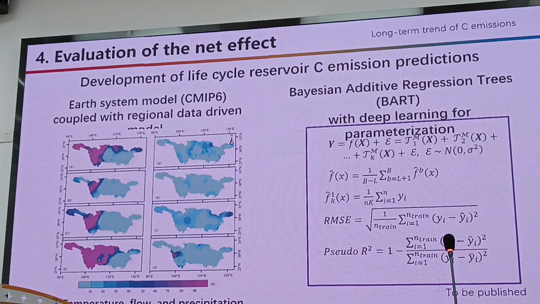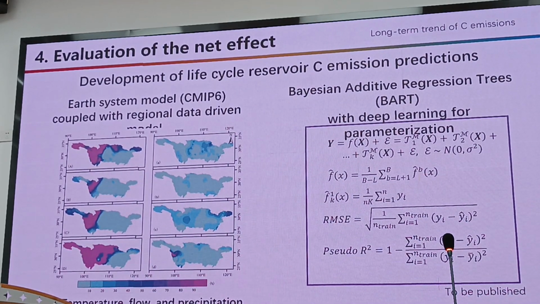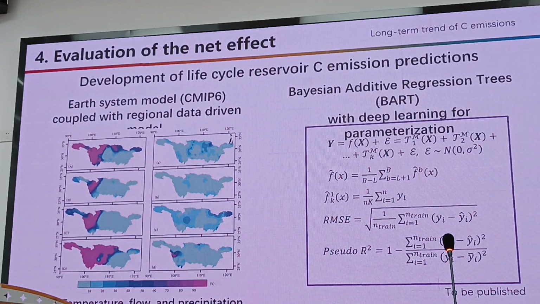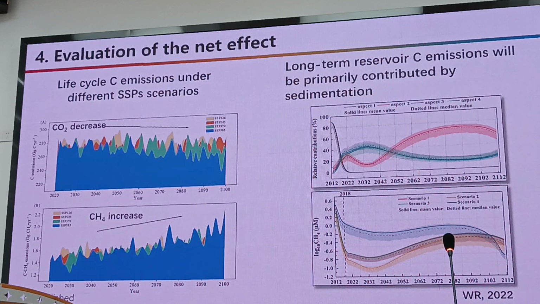After that, we try to develop the life cycle carbon emission. This is not published yet, to be published by one of my PhD students. We use the Earth system model and Bayesian regression trees, and you see the life cycle simulation under the different SSP scenarios.